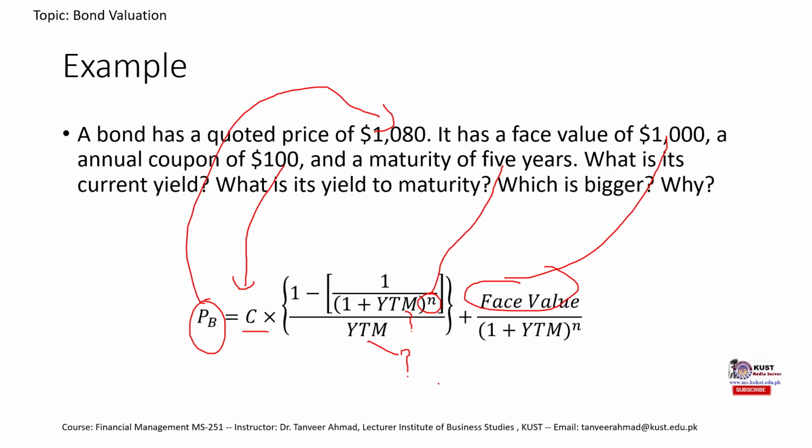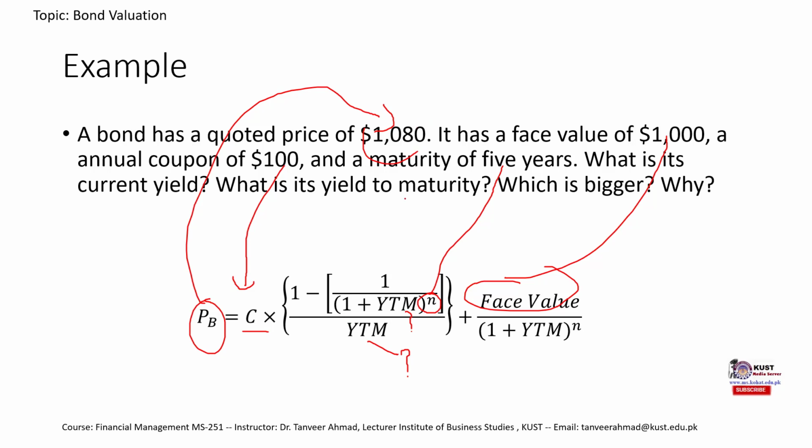We would use a trial and error method, and what we will do is we would use one interest rate, one YTM. We would assume a YTM. We would use it and see if the answer comes out to be 1,080. If it doesn't, we would change the YTM, assume another YTM, and then re-estimate the formula and see if it comes out to be 1,080.